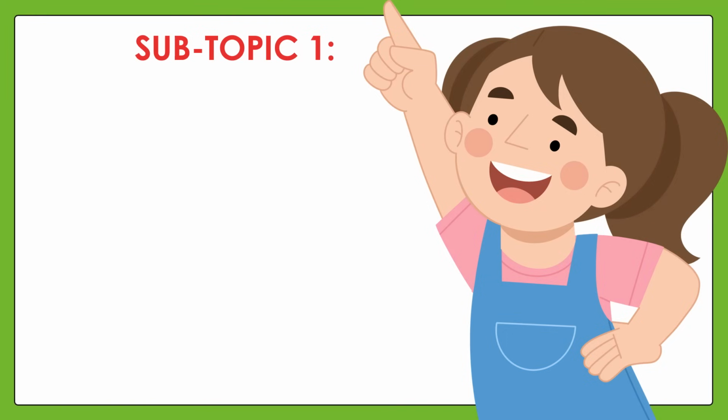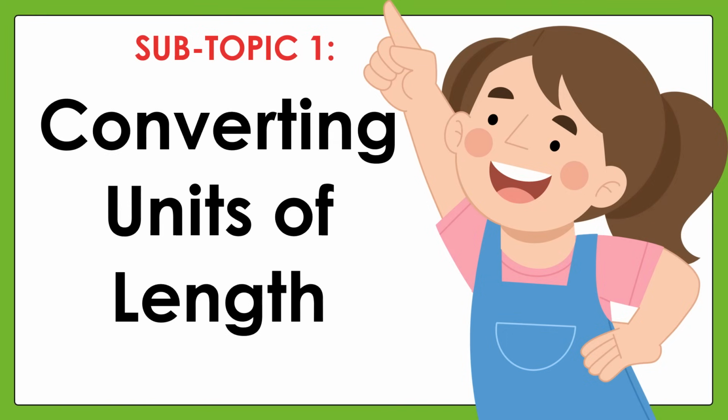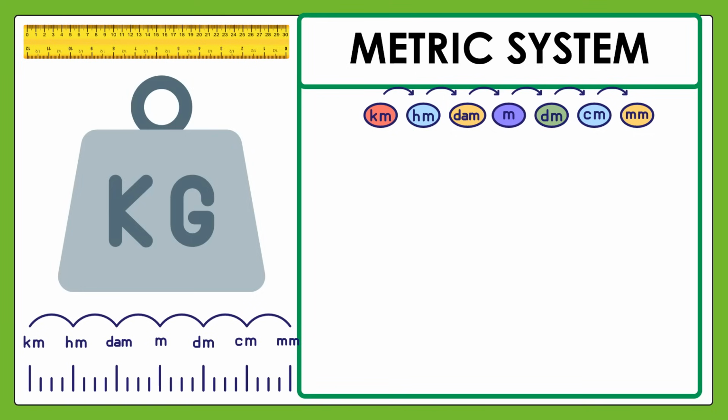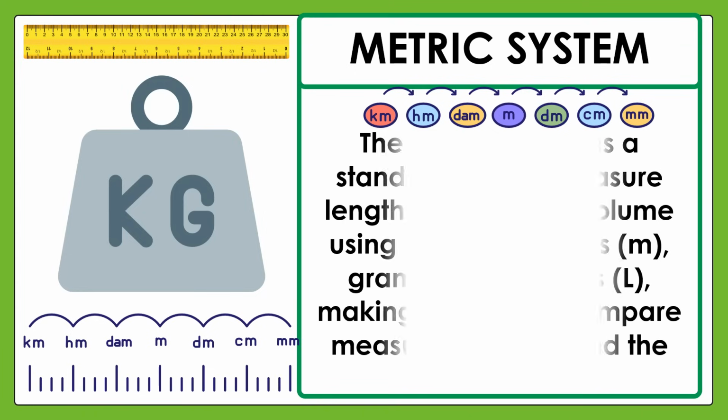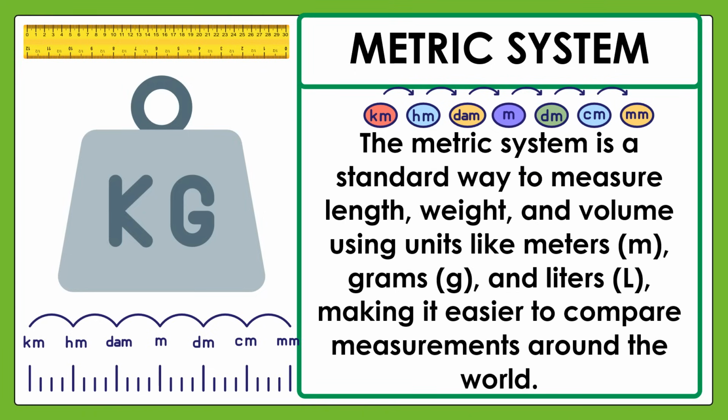Let's now go on with our first topic about converting units of length. Before we start, let us define first metric system. The metric system is a standard way to measure length, weight, and volume using units like meters, grams, and liters, making it easier to compare measurements around the world.